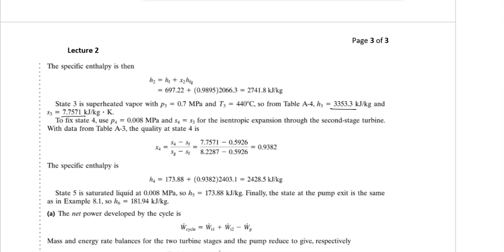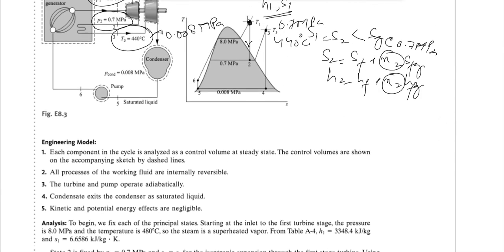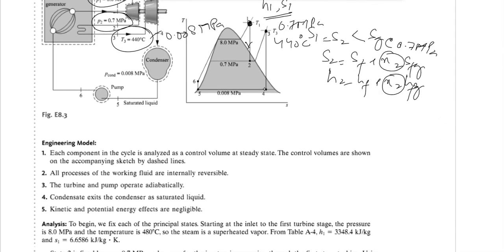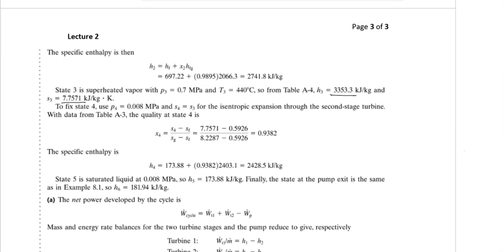Now, from the second stage of the turbine, it is expanded to the condenser pressure, which is 0.008. Now, the same case: S4 would be equal to S3. To find whether it's inside or outside the vapor dome, you have to compare again with the value of Sg at 0.008 megapascal.